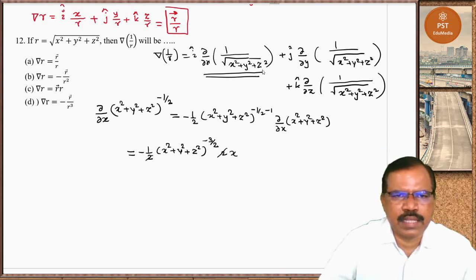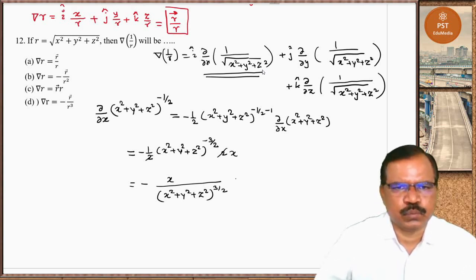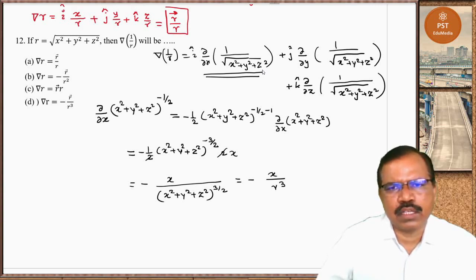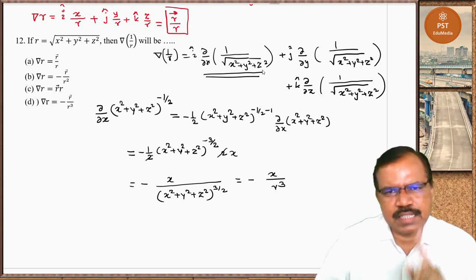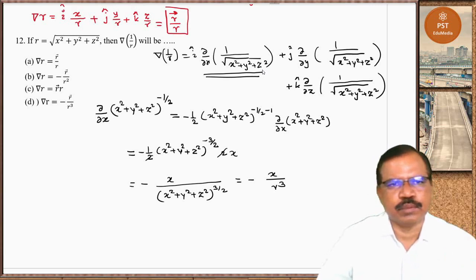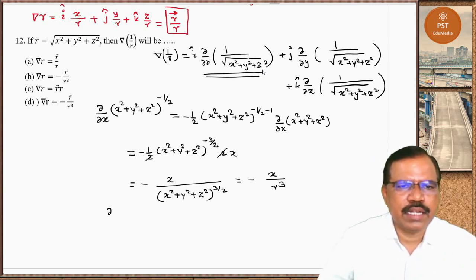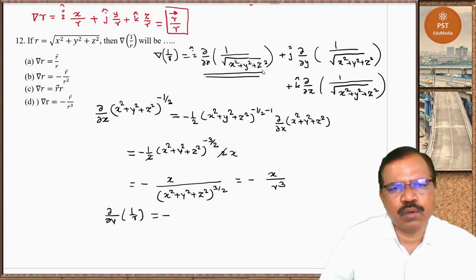Now 2 will get cancelled. So we get minus x upon (x square plus y square plus z square) raised to 3 by 2. So we get here minus x upon r cube, because (x square plus y square plus z square) raised to 1 half is r, and the cube of that is r cube.